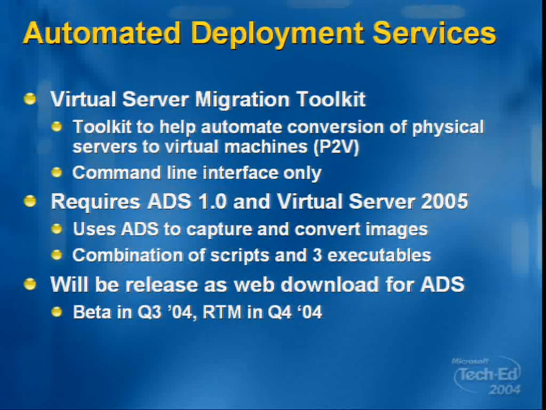ADS, our Automated Deployment Services. We have a toolkit that handles migration from legacy situations, so it works with NT4 to Windows 2000. You can migrate existing workloads into virtual machines. We run a hardware gather on the existing hardware, and then we have a set of recipes that we know don't work.